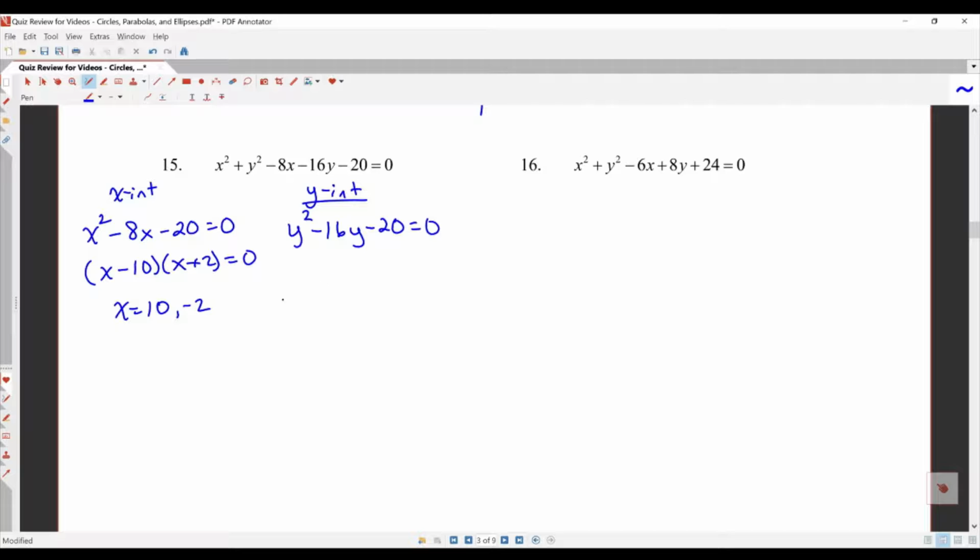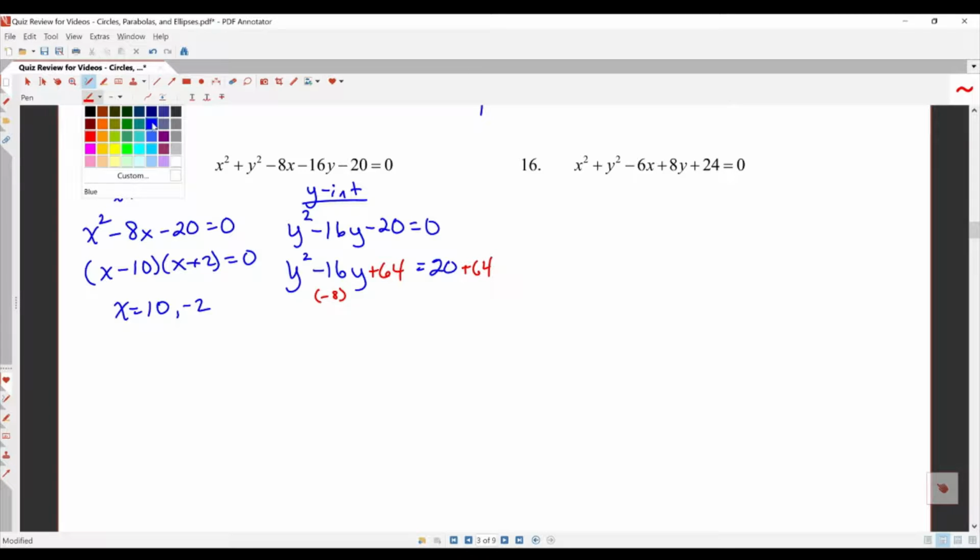So now we're stuck with having to use the quadratic formula, or the way I'm going to do it, which is completing the square. Half of negative 16 is negative 8, squared is 64. So we're left with (y − 8)² = 84.